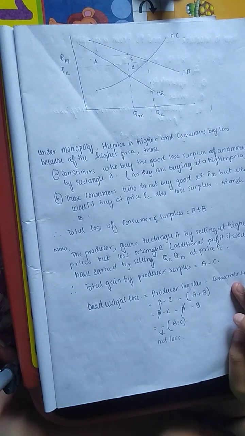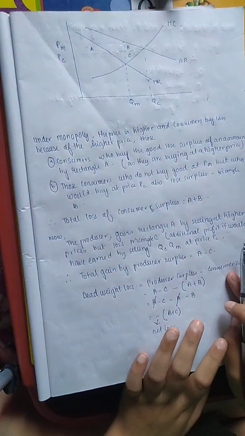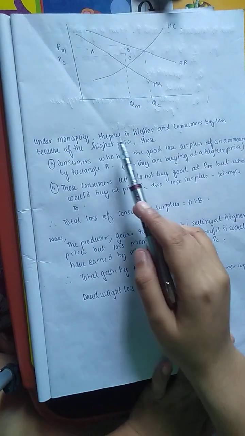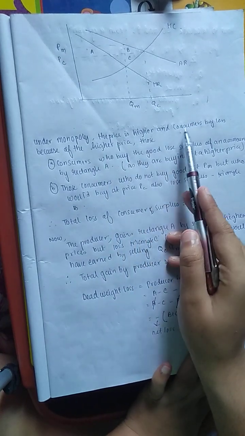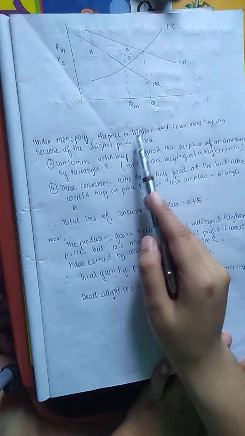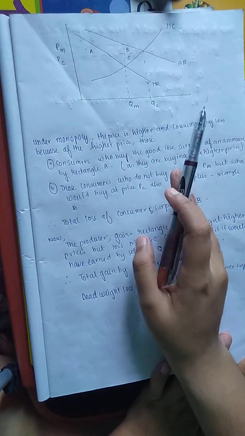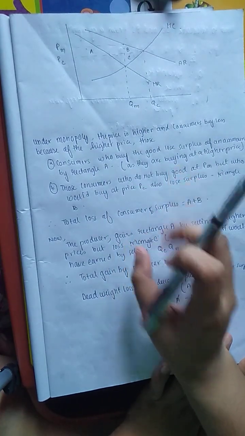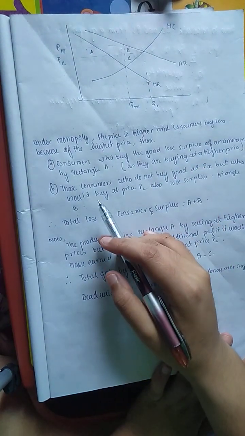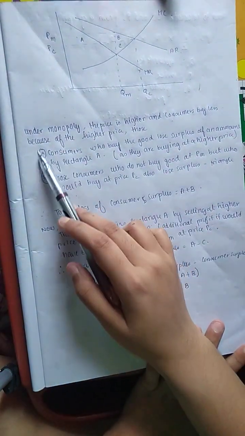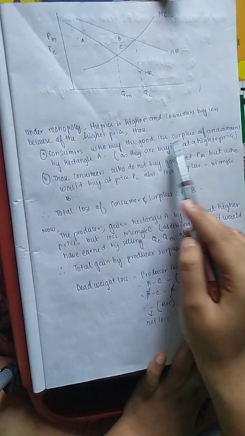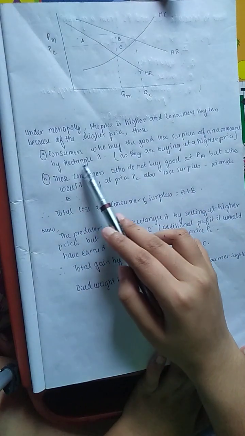Under monopoly, the price is higher and the consumer buys less. Only a selective portion of consumers can buy it and the rest cannot, right? So number one, those consumers who buy the good lose surplus of an amount given by the triangle A.